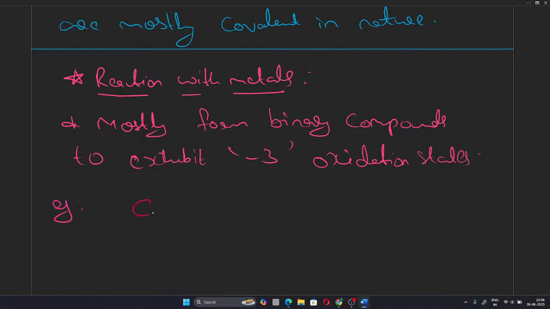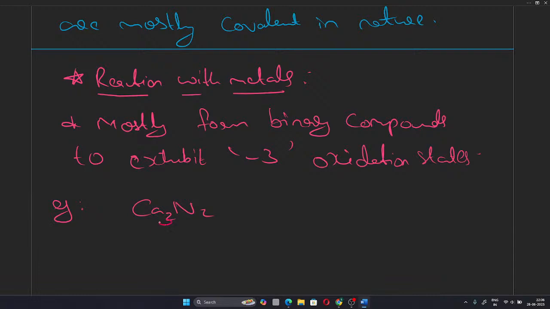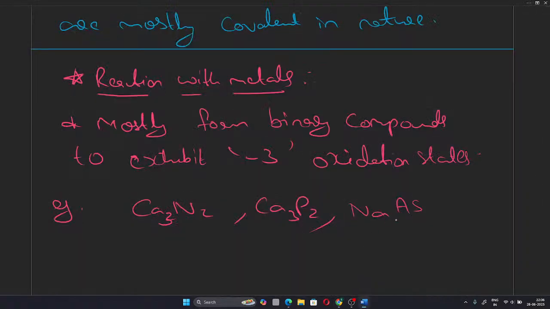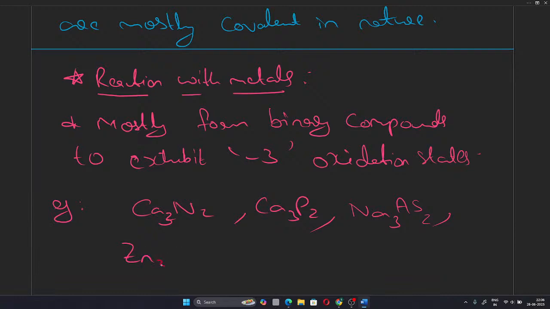Example: Ca3N2, Ca3P2, Na3As2, Zn3Sb2, Mg3Bi2.